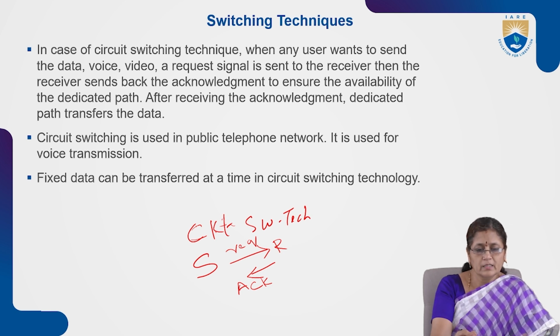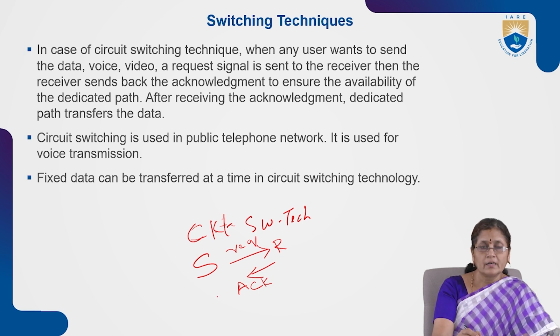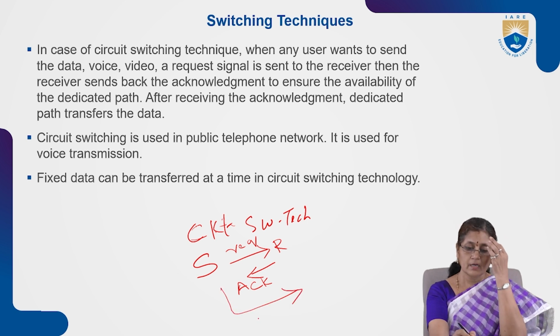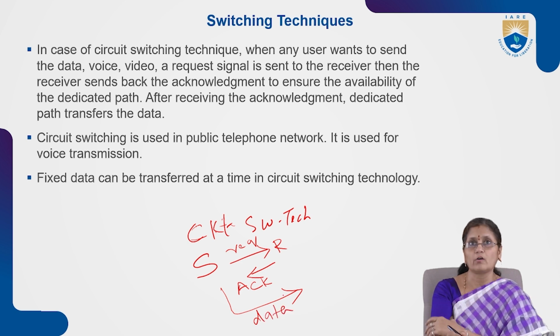When the receiver sends an acknowledgement, it means a dedicated path is there for sending and receiving the data, so the receiver is ready to accept the data. Hence, after receiving the acknowledgement, the sender sends the data through the dedicated path. Data is sent after receiving the acknowledgement.